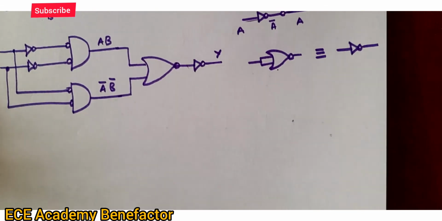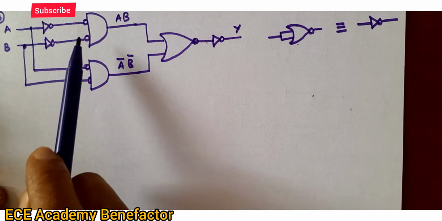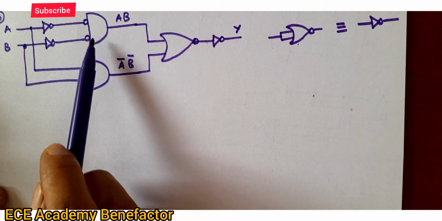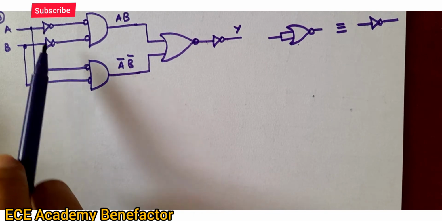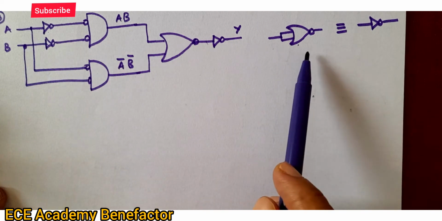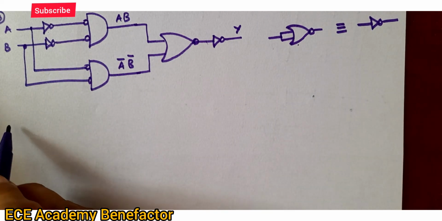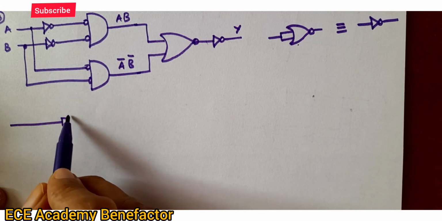So next step is, this bubbled AND gate is replaced by NOR gate. These two will be replaced by NOR gate, and here you are having one NOT gate. Here these NOT gates will be replaced by this NOR gate. So replace it. You are having input, give it to NOR gate.